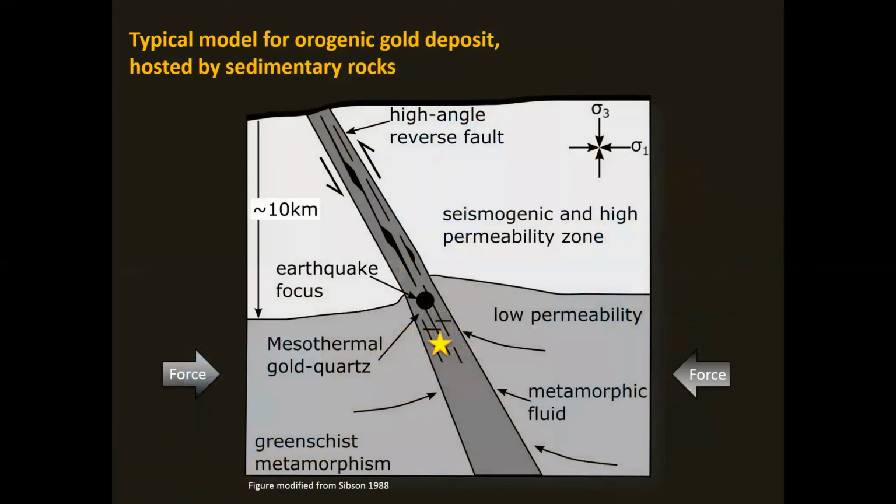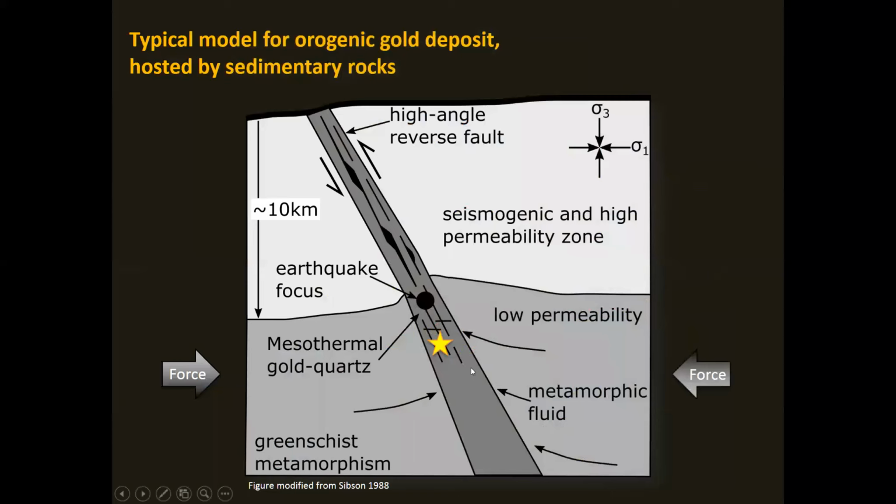Looking at the picture from Simpson, 1988, a little bit modified, we see that we have the same package. This is part of the accretionary wedge. We push this, so we have a metamorphism generating this metamorphic fluid down here.